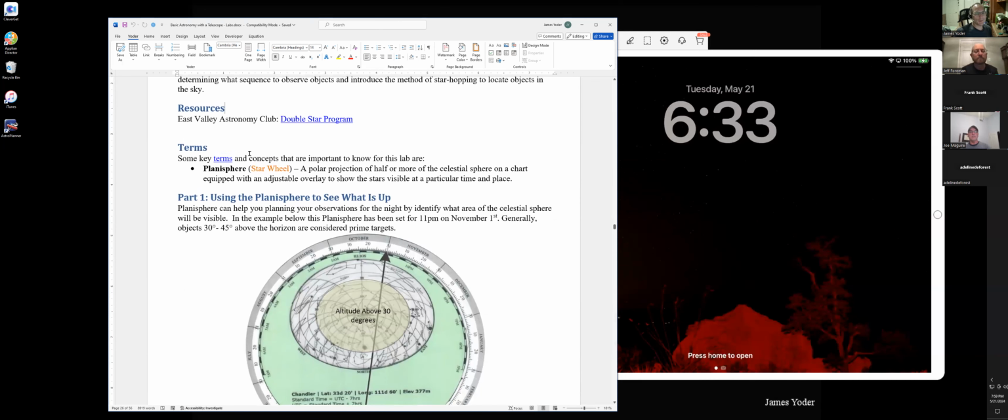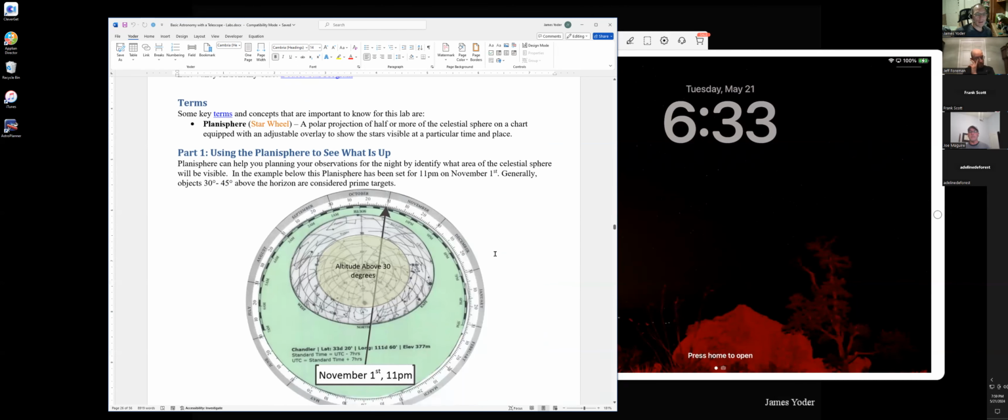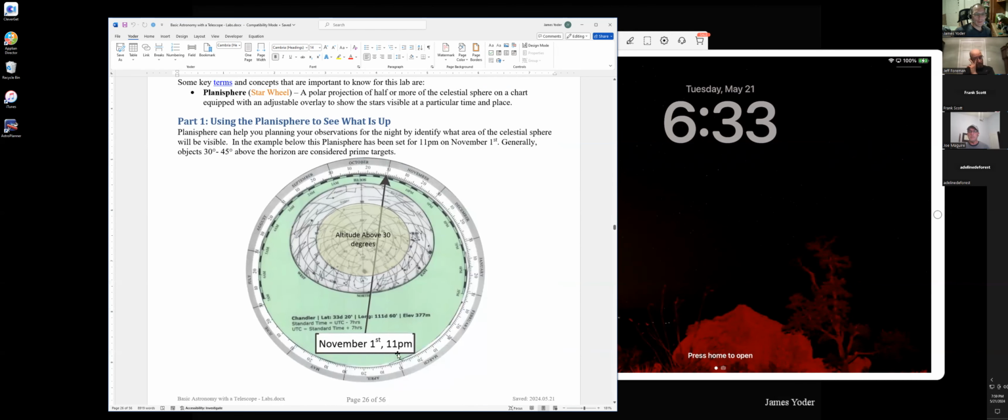So again, we're going to be talking about double star systems, and this is a real good link to the double star program that the East Valley Astronomy Club has. Planetarium software you can't use too much, although it's out there because everyone's got their application. But the way you use it is you set the date across here, in November, October, and then the time is down underneath it.